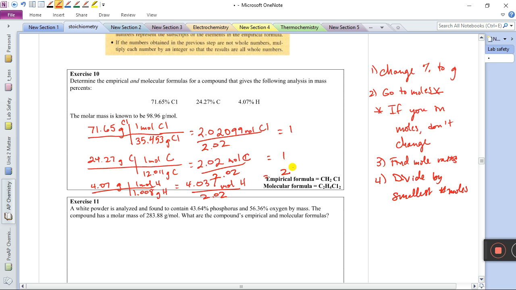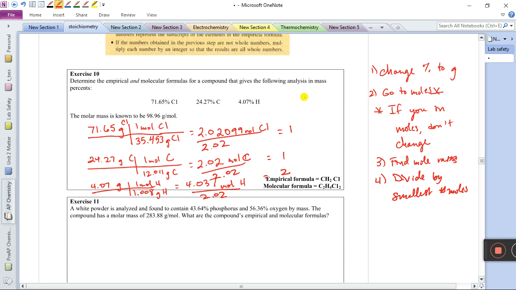What's 0.65 close to being? 0.66, which would be what as a fraction? 2/3. Play around with it. There's not really hard and fast rules on that one. You need something that's going to get you a whole number or very, very close to it. There's not usually going to be a lot that get really squirrely on numbers like that. And actually, I think usually on the AP test, they don't go quite that weird.